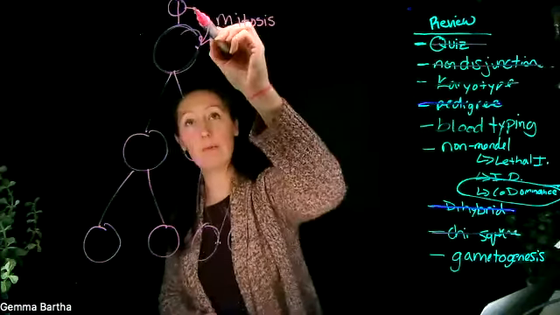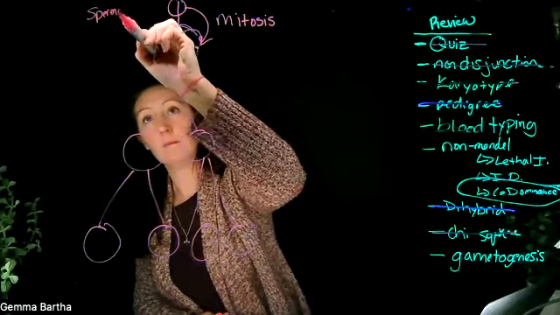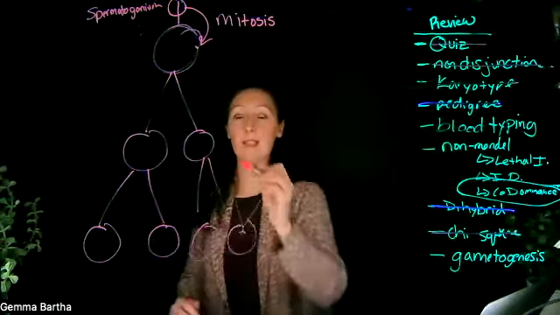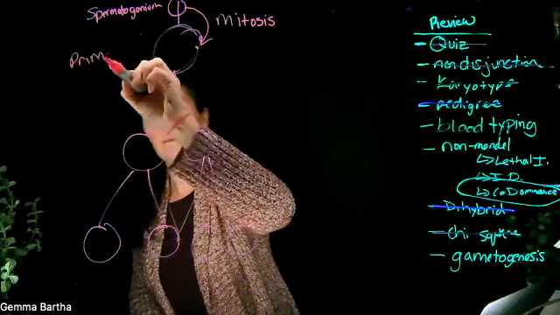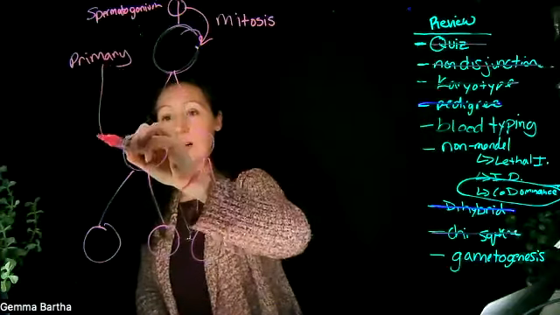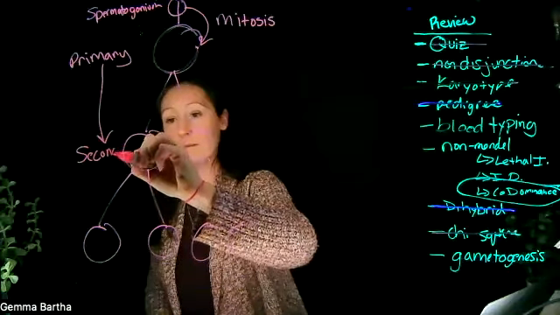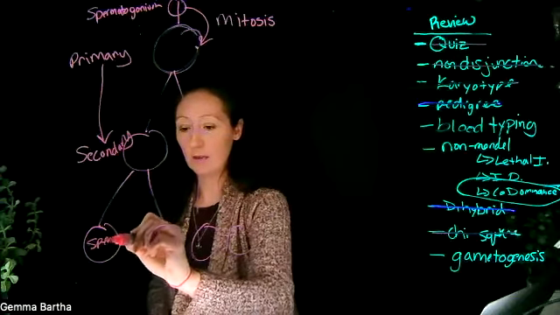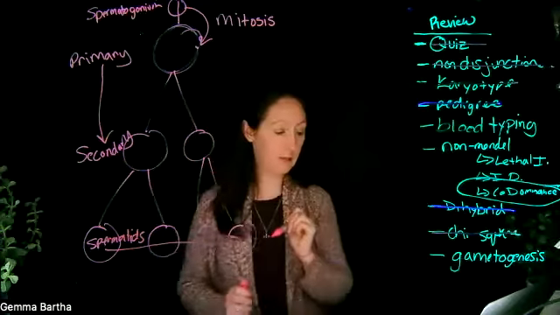You have a spermatogonium, and it's going to turn into a primary spermatocyte. The primary is going to go to secondary spermatocyte. Then you're going to go to your spermatids.